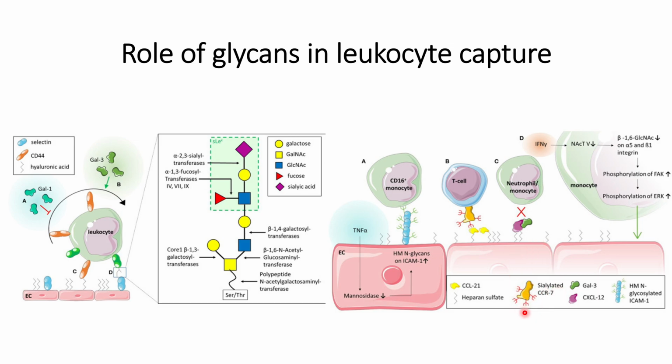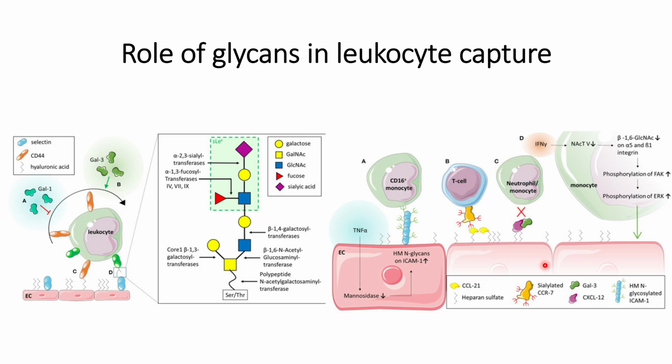Sorry, I want to correct one thing. Sialylated CCR7 is expressed on the T cells, and they can interact with the CCL21 and heparan sulfate expressed on the endothelial cells, and these combinations help in the adhesion of the T cells. Whereas when galectin-3 and CXCL12 form a complex on the endothelial cells, they will prevent neutrophil and monocyte adhesion to the endothelial cells.